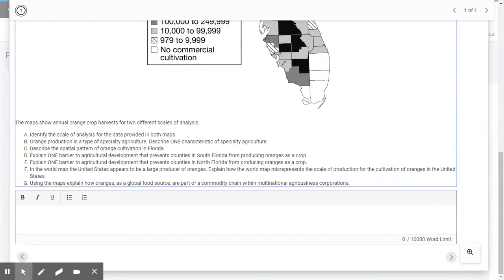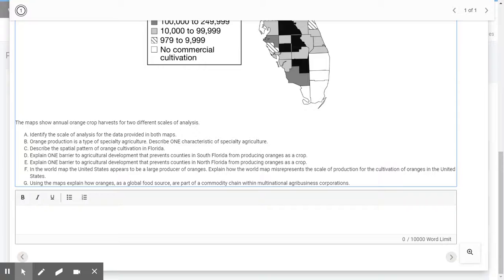Last one. Using the maps above, explain how oranges as a global food source are part of a commodity chain within multinational agribusiness corporations. So you've got a couple big keywords there that are used throughout the agriculture unit: commodity chain and multinational agribusiness.